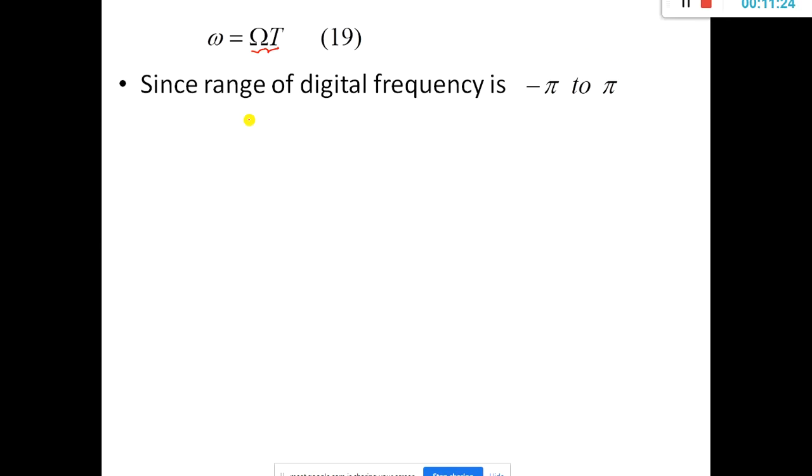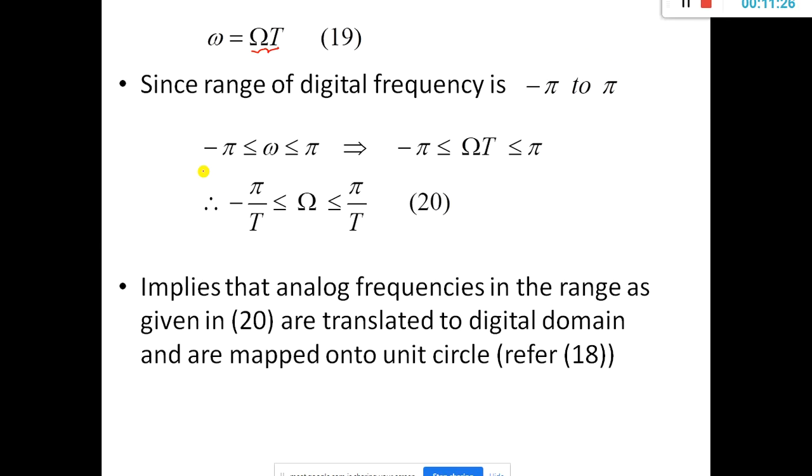So here, the relationship between your analog frequency, that is omega, and the digital frequencies. I think I need to make one point very clear here.